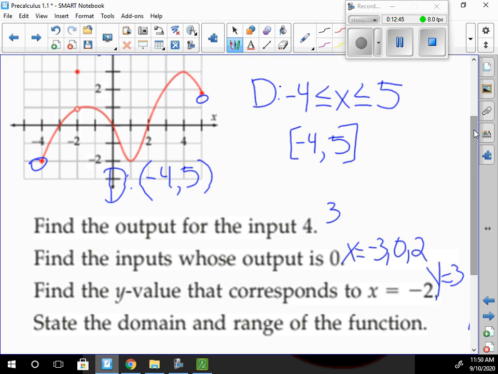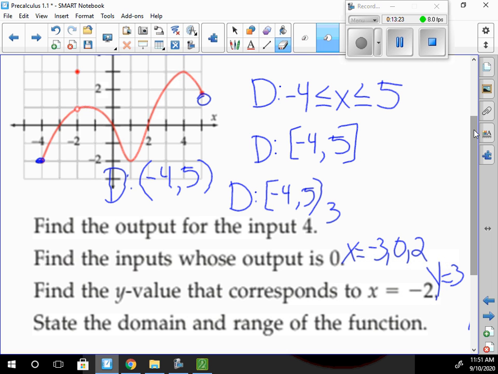Domain is from -4 to 5. What if one dot was closed and the other was open? So if I had a closed dot here and an open dot there, then I would do domain from -4 with a bracket in front because the dot is closed, to 5 with a parenthesis. So that's all the different ways that we could notate the domain.